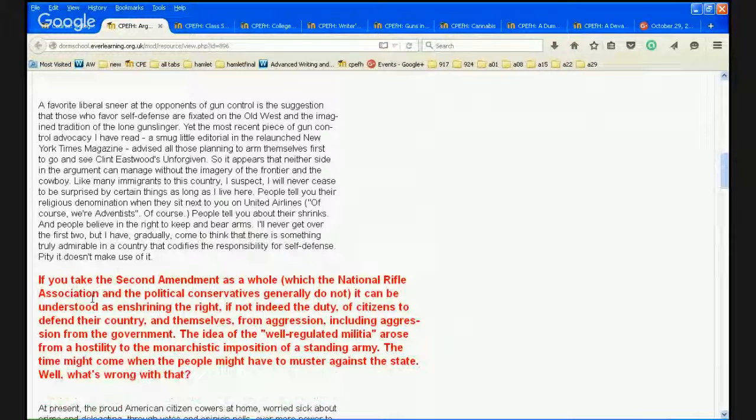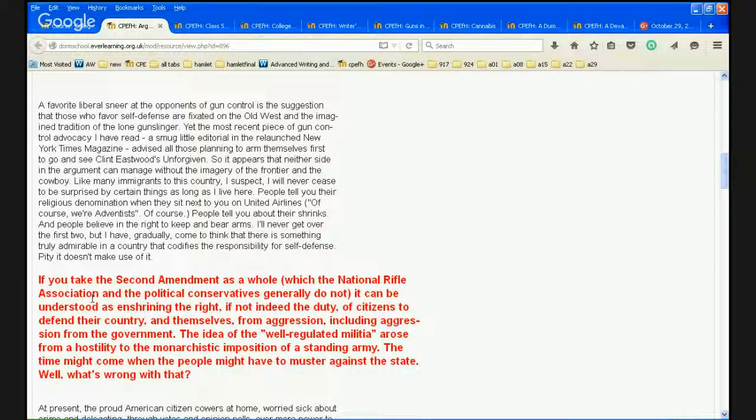If you take the Second Amendment as a whole, which the National Rifle Association and political conservatives generally do not, it can be understood as enshrining the right, if not indeed the duty, of citizens to defend their country and themselves from aggression, including aggression by the government.